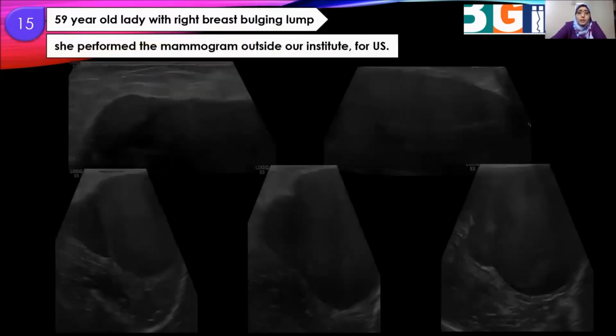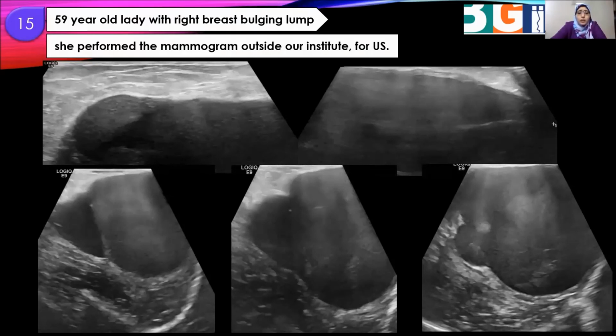This also is another lady coming with a right breast bulging lump, performed her mammogram outside, and we found this large lesion of mixed fluid with a fluid level. Actually, it is a complex lesion with an intracystic solid lesion after aspiration of the cystic component.